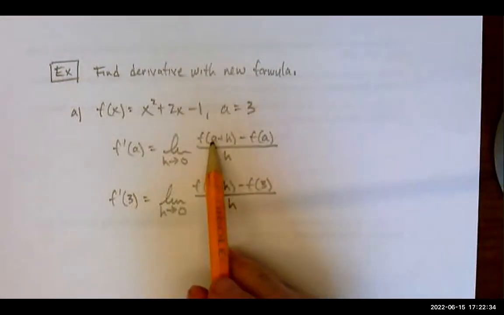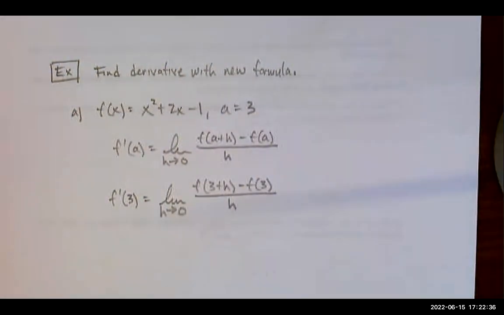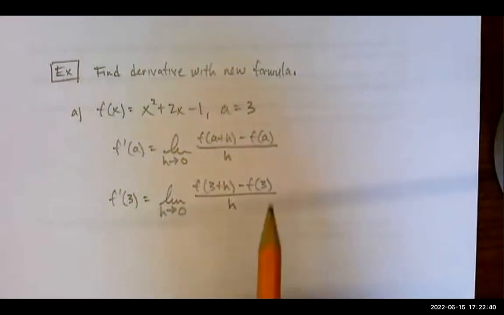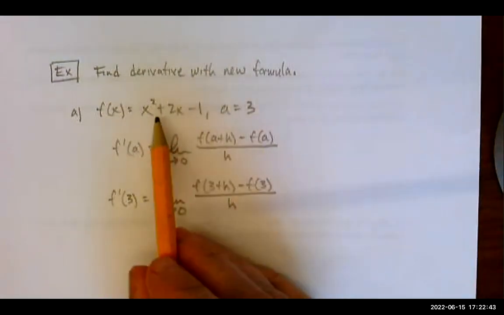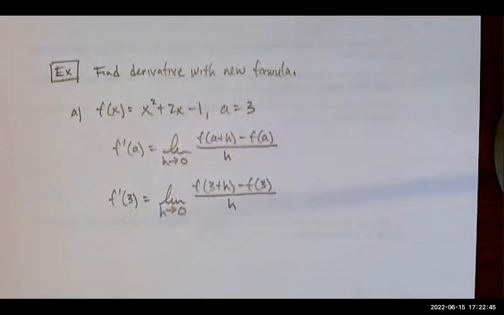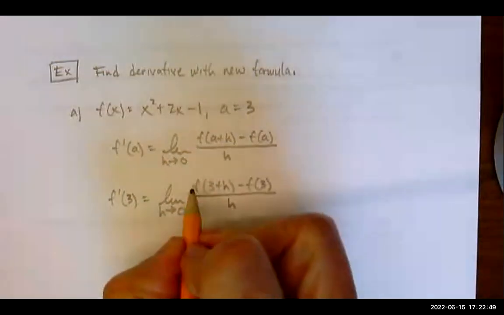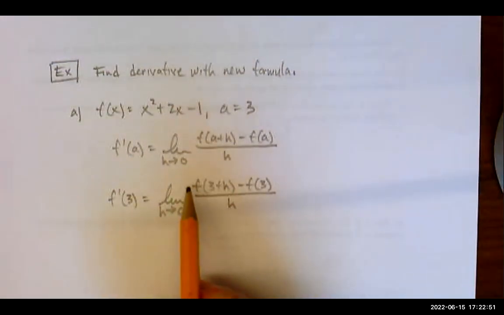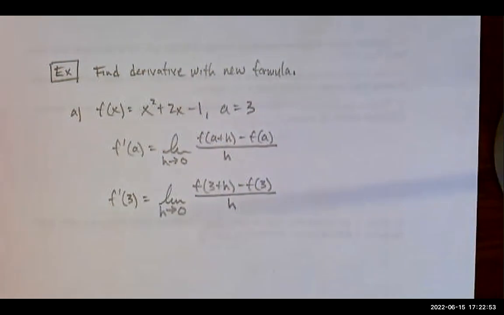So what to do? We'll have to figure out f of 3. That's the same f of 3 that we did previously, which ends up being 14. But there's something else. We need to figure out f of 3 plus h.